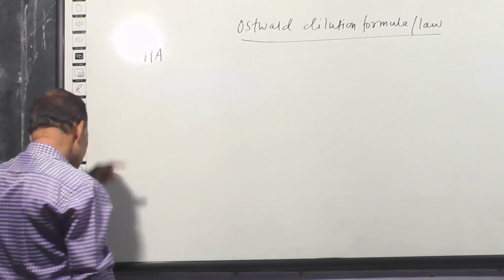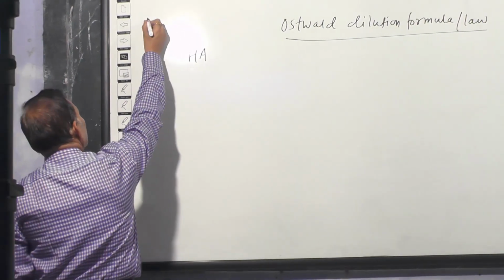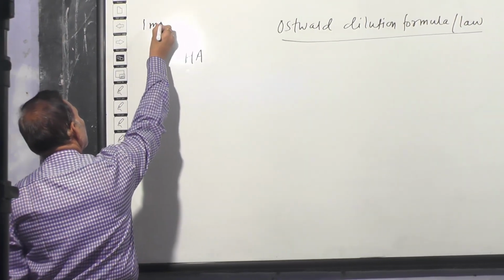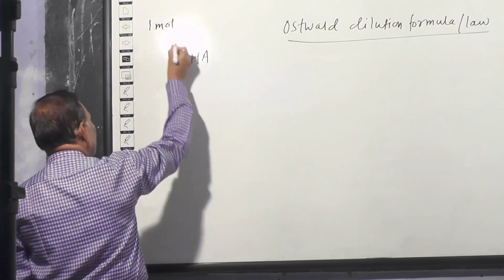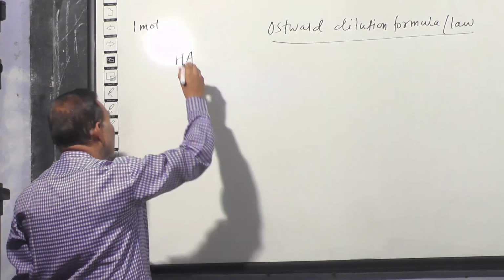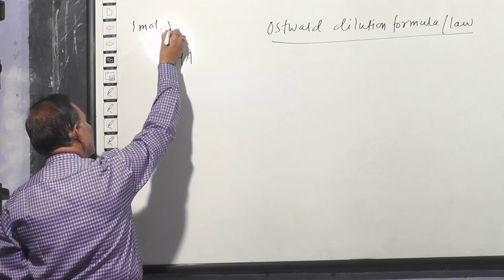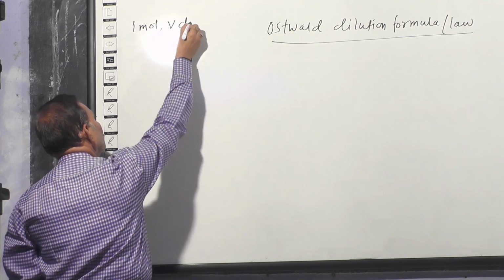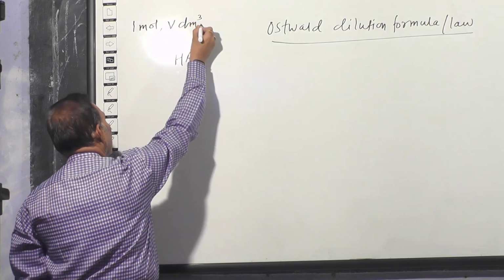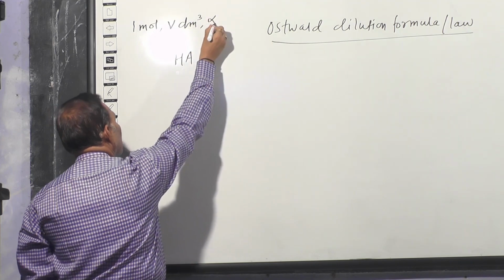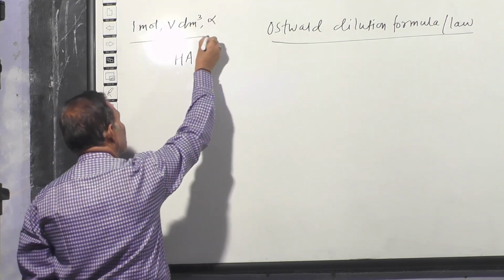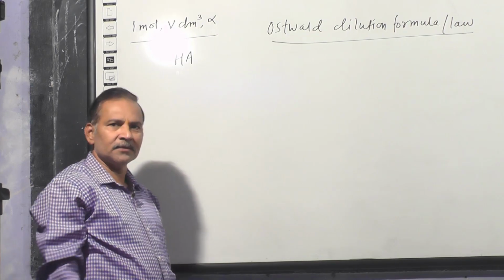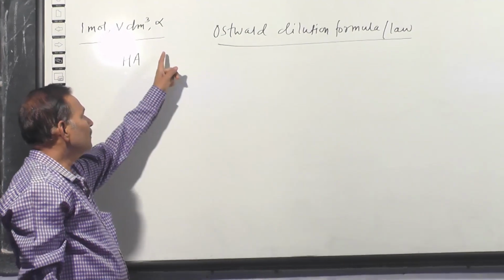What are the assumptions? Suppose 1 mole of this electrolyte or acid HA is dissolved or present in V dm cube of solution, and let alpha be the degree of dissociation. So with these three assumptions, we have to derive the relation.